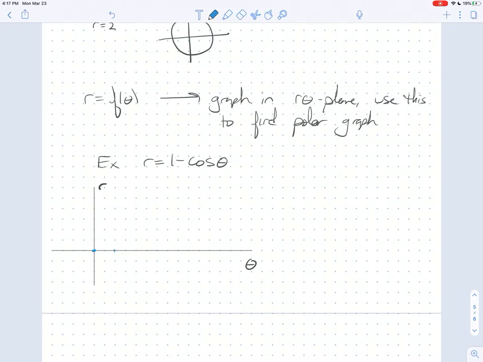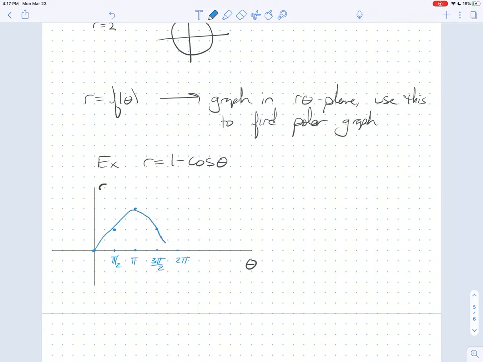When theta is pi halves, cosine of pi halves is 0, so r is 1. When theta is pi, r is actually 2 now, because cosine of pi is negative 1. When theta is 3 pi halves, r is back to 1 again. And then, of course, when theta is 2 pi, r is back to 0.